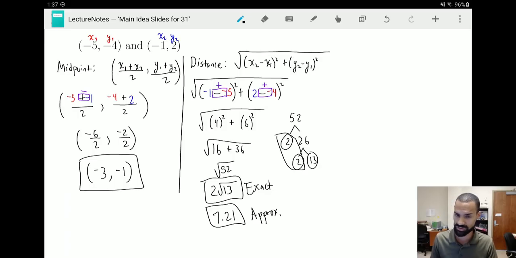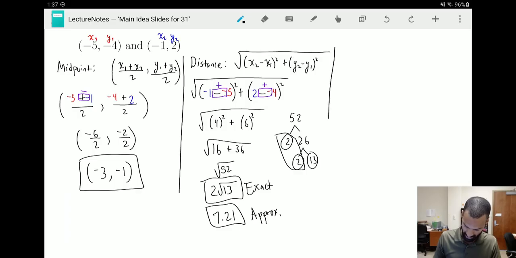It's 7.211102551, and it goes on forever. Remember, it's an irrational number. So there's no end to those decimals, and there's no repeated patterns or anything like that. So we have to decide where we're going to round it. I decided to round to 2 decimal places. But the fact that I rounded it is why it's an approximate answer. This 2 square root of 13 is the exact answer.